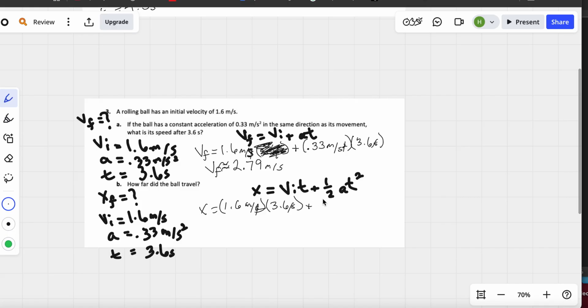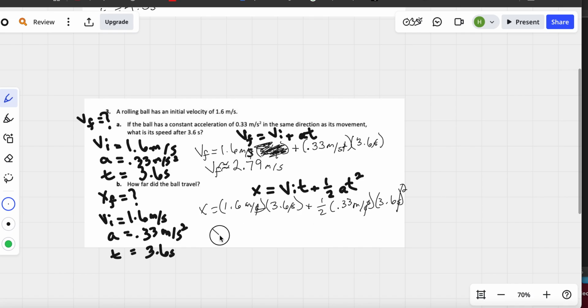Then we have 1/2 times the acceleration, 0.33 meters a second squared, times 3.6 seconds, and that whole thing is squared. So seconds squared cancels out with seconds squared. We'll have meters.